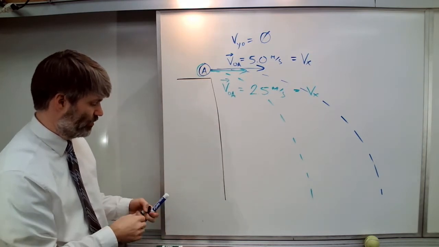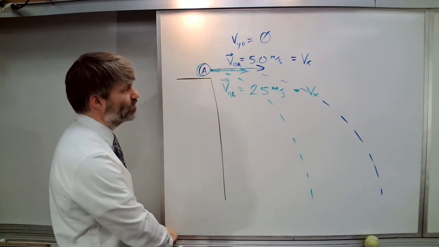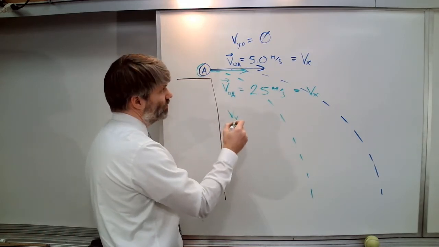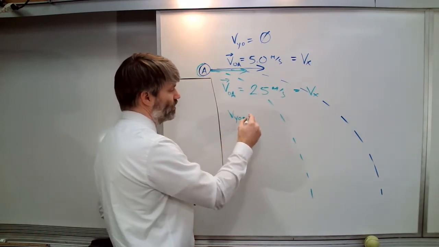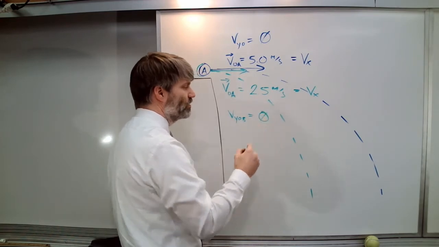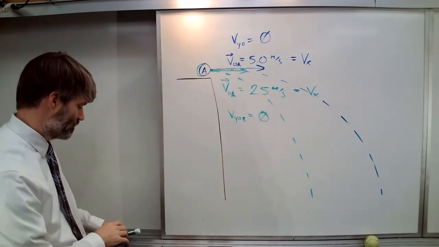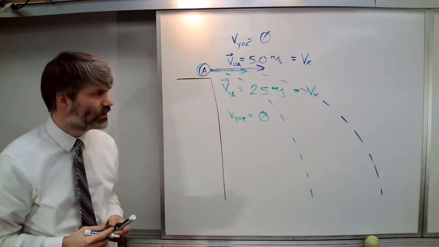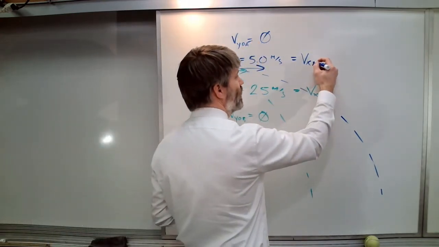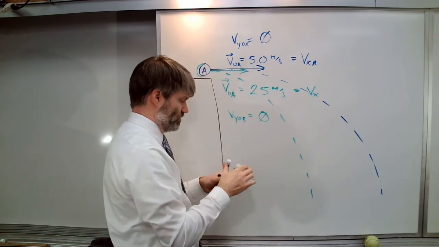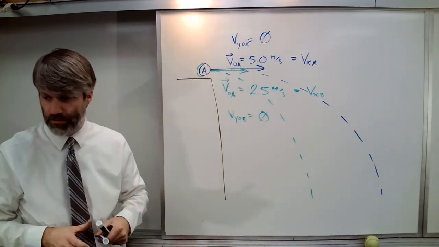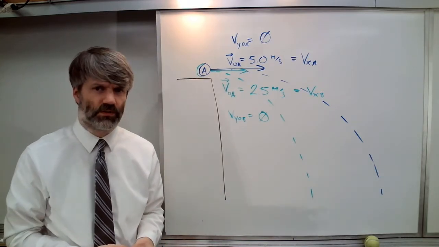It's the velocity through the whole motion of that ball. And we can say that Vy naught for B is 0 as well. We'll make sure that we've got track of things here. So we've got Vx for A and Vx for B. This is what we know about the horizontal direction right now.